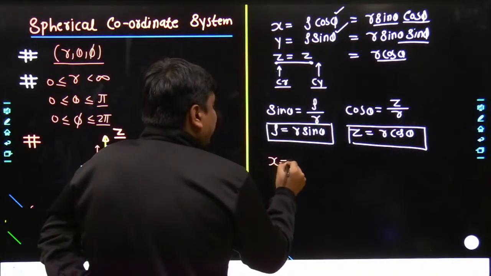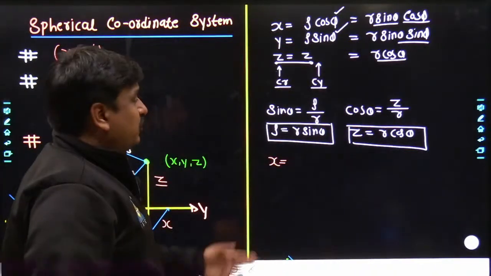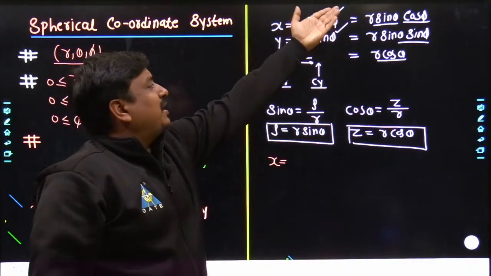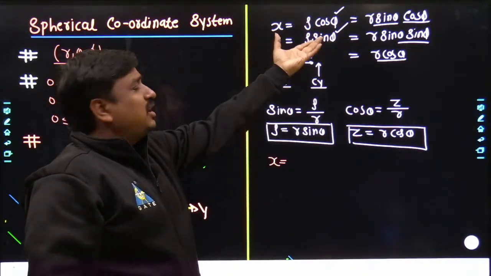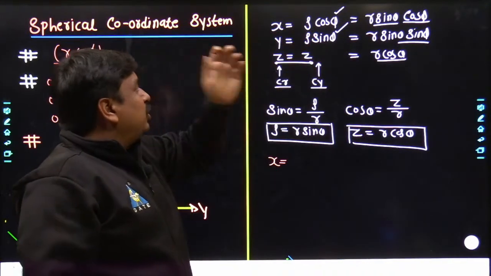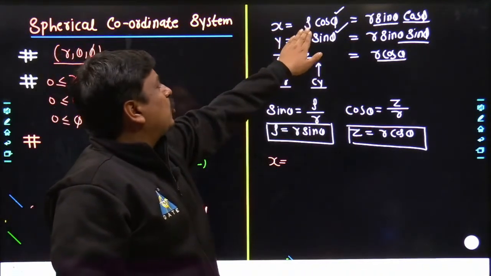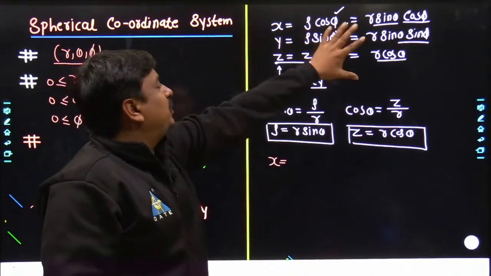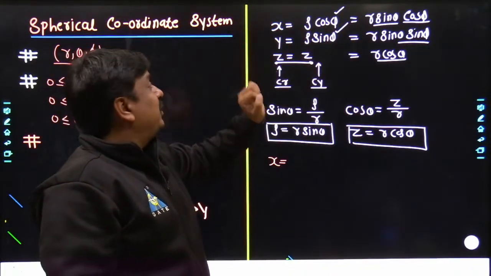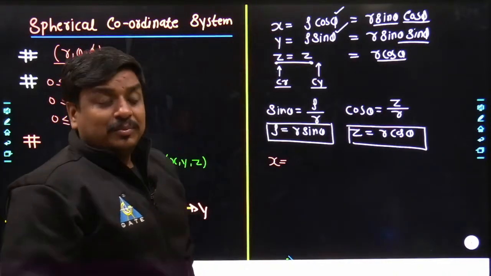So let me write it separately. So here goes x is equals to. I would recommend to each one of you, you need not memorize this exclusively. You should have a little bit of relationship between the Cartesian as well as cylindrical coordinate system, and at the end of the day you should have a clear-cut idea that rho can be replaced with r sine theta. Put together, the relationship between the spherical coordinate system as well as the Cartesian coordinate system has been made.